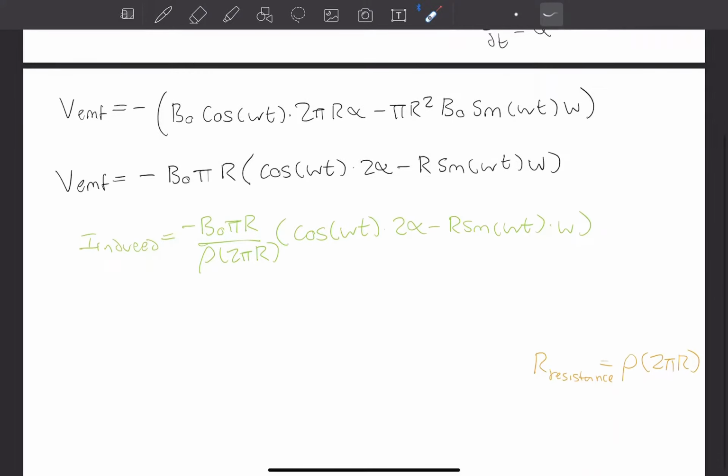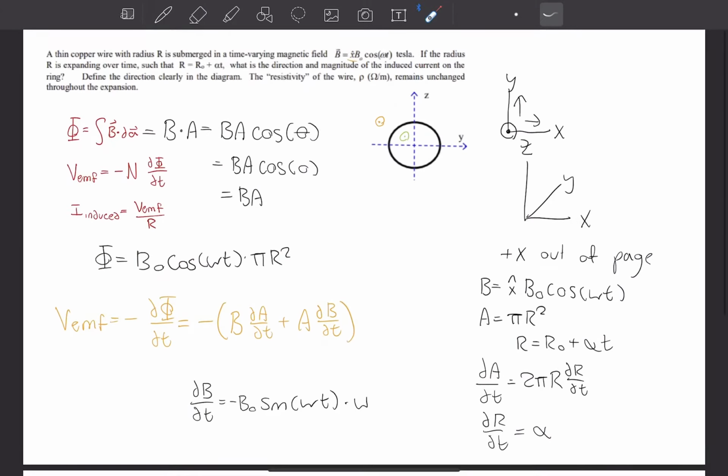Now we need to consider what is happening at dA/dt. We see that the radius of our ring increases as time increases. And if the radius of our ring increases, the area that the ring encloses also increases.